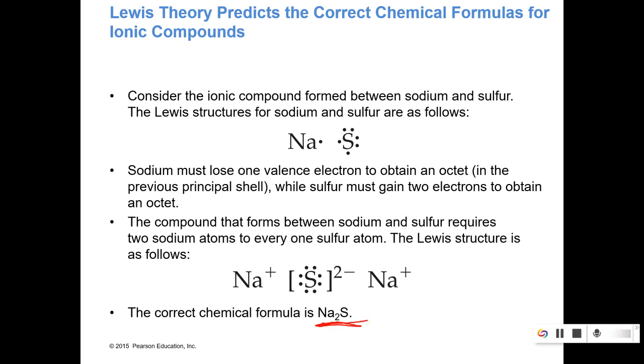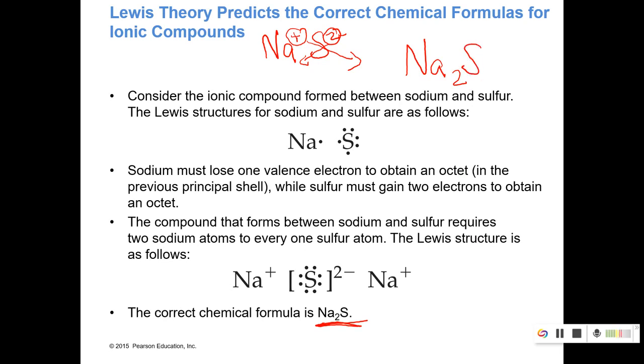And y'all, so the book says, and Mastering, it'll tell you to write the formula for sodium and sulfur. So if you remember when we were doing chapter 5, these values come down and the plus and minus go away. So that's how we get our formula Na2S.